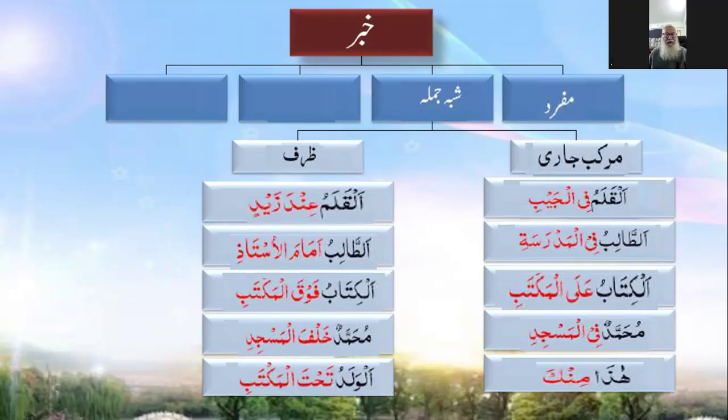Let's see what is the normal pattern of the jumla ismiya. The normal pattern of the jumla ismiya is mubtada followed by a khabar.